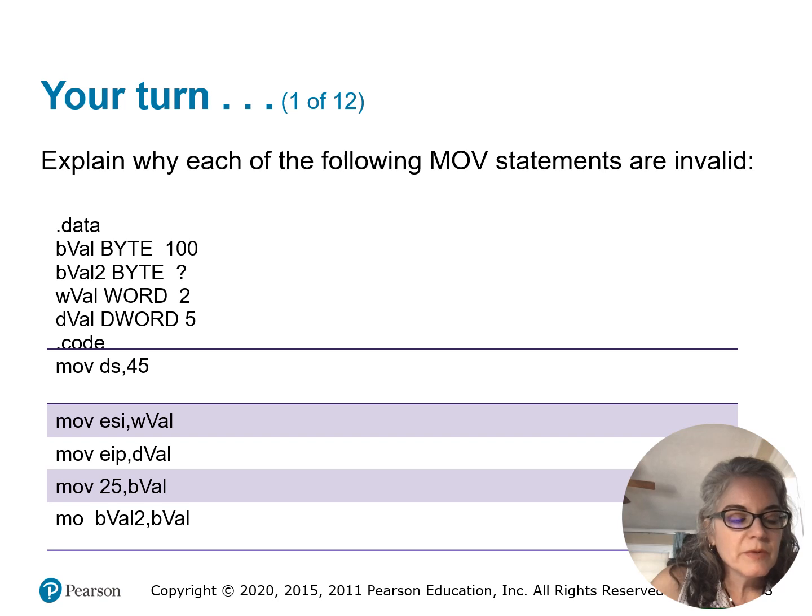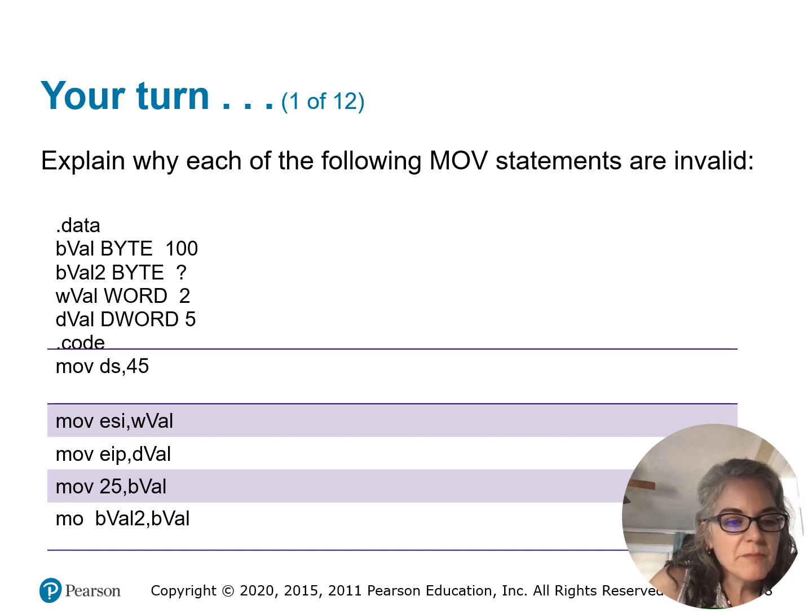This one, we're moving a memory location, bval, into an immediate value, so we can't do that. An immediate value doesn't have a location, so we can't move a location to it. And then this last one, bval, is 1 byte.